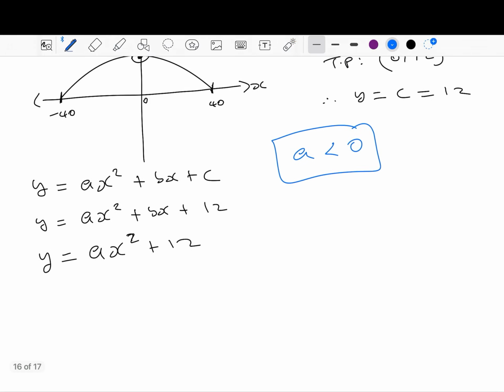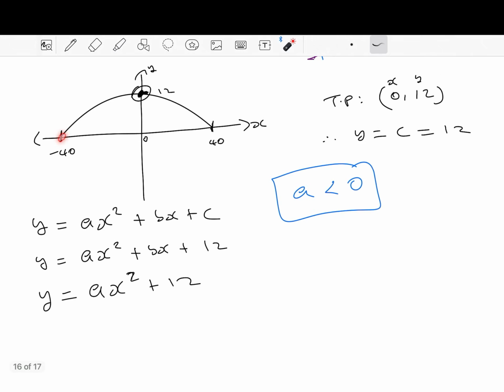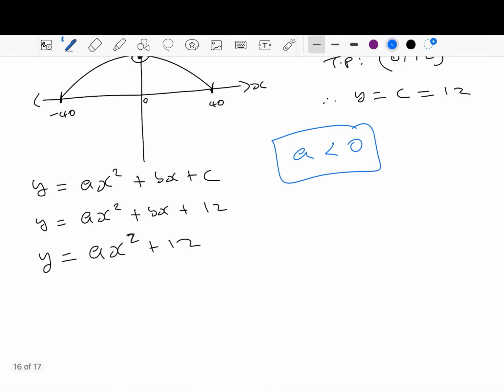The way you calculate this is you use the x-intercept. So what are the x-intercepts? The x-intercept, again the same as the y-intercept, is when y is equal to 0. When y is equal to 0, what is your x?